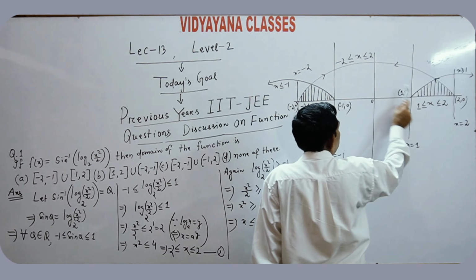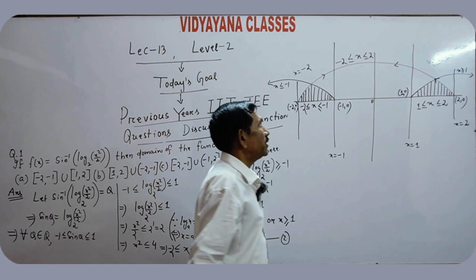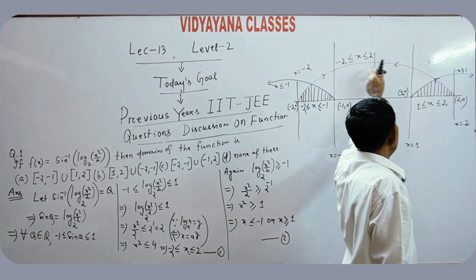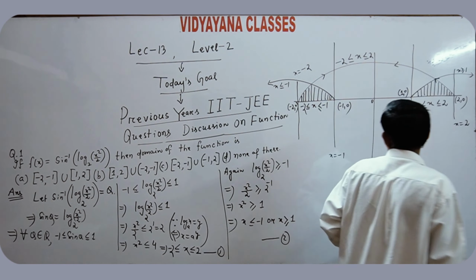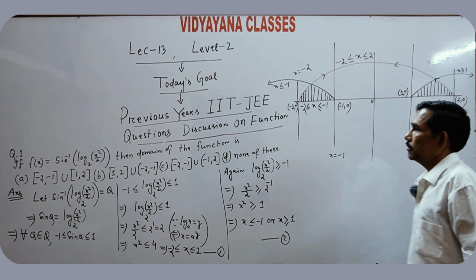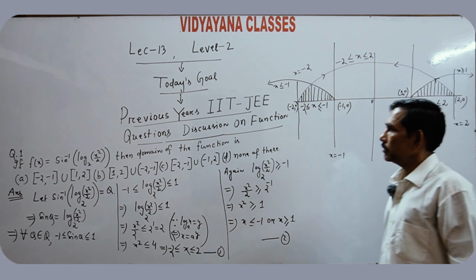This and this represent this. This set and this set have the common region, and the common region represents the domain of the function f(x).